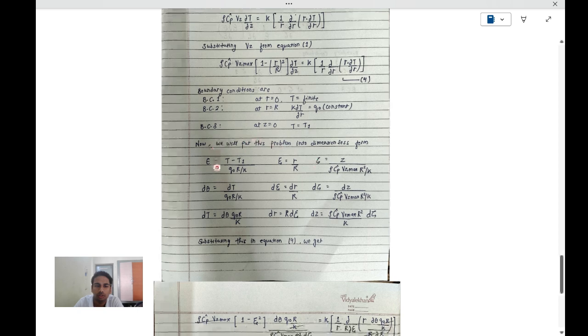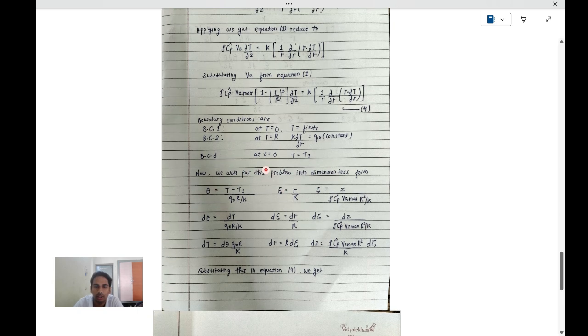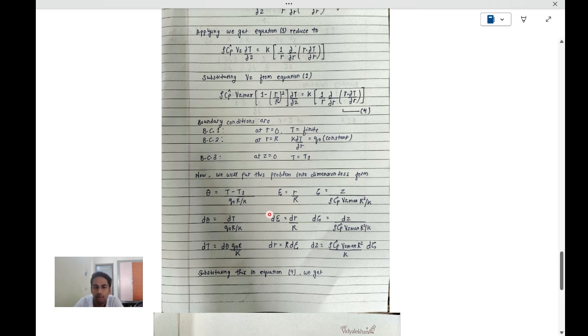Now, to reduce the parameters and solve this problem, we will put this problem into dimensionless form. This dimensionless selection is arbitrary, and it is assumed by looking into the terms of the problem, like theta equal to t minus t1 upon q naught r by k. These assumptions come from boundary conditions number 2 and 3.